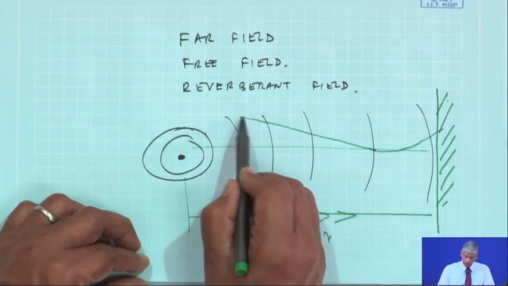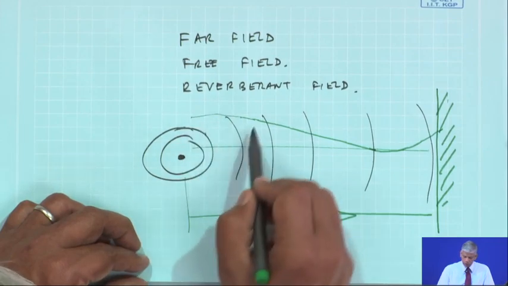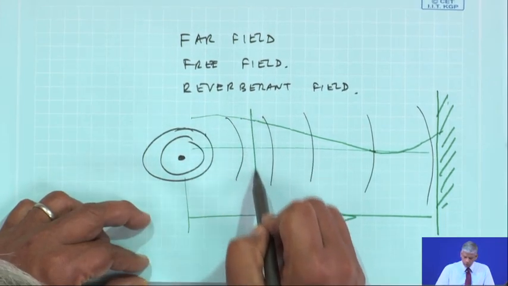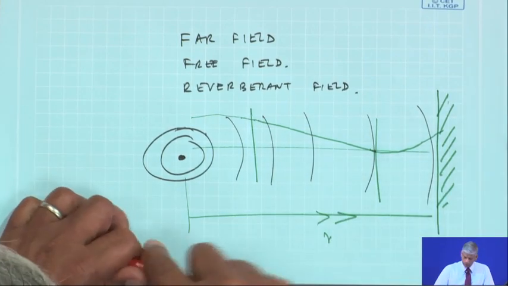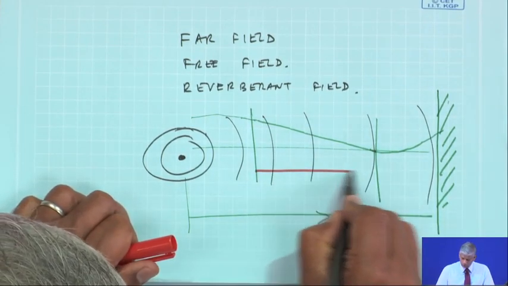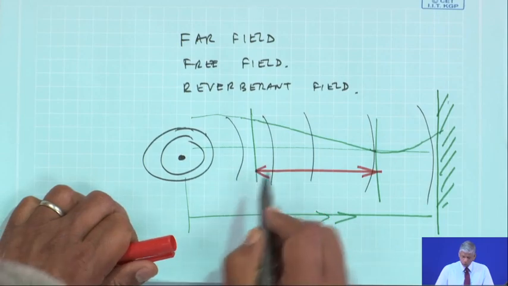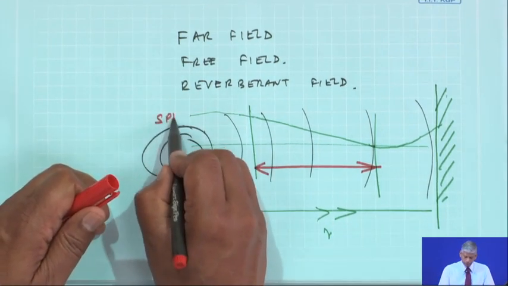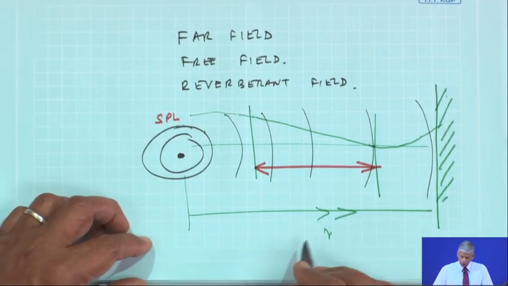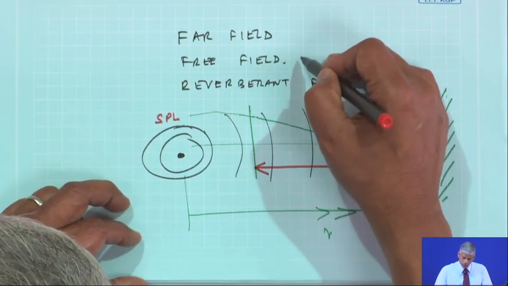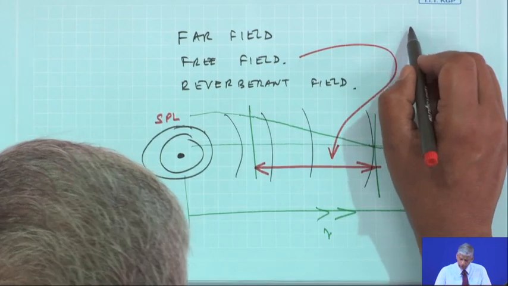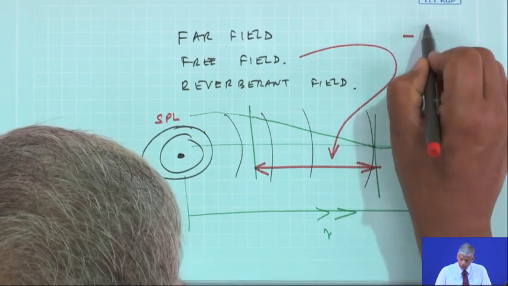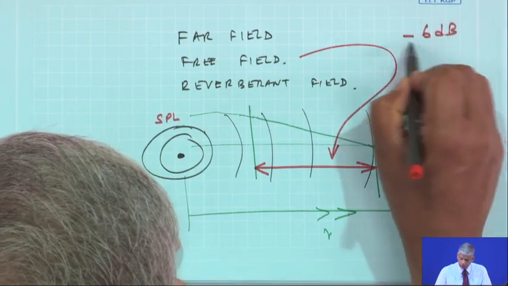Okay. And here also there will be some laws. So the region where the sound pressure level follows the rule that for every doubling of the distance, the sound pressure level will decrease by 6 decibels.